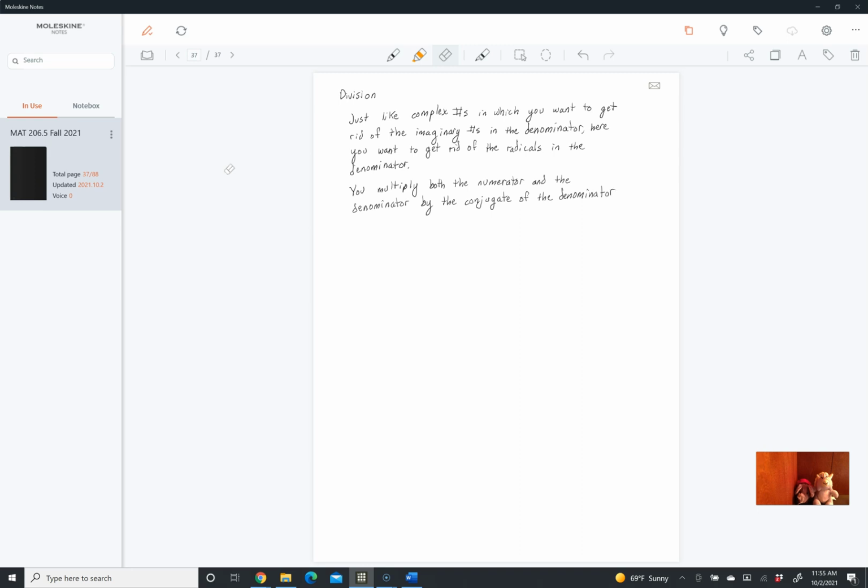And this gets rid of the radicals because your radical in the denominator winds up getting squared, just like the i got squared and it became a -1. Here, when you square a radical, you get rid of the radical. So this process, we'll do an example of that in a second, is called rationalizing the denominator.